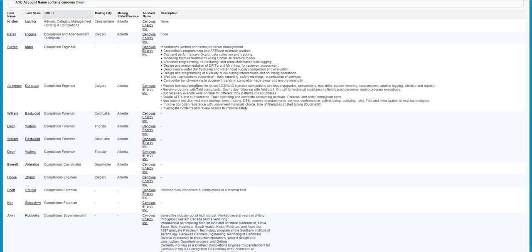That gives us an idea of their roles and responsibilities. What we're trying to do is build out the org chart: who's the final decision maker, who are the influencers in the accounts, and what roles they play inside of that organization, so we have a really good understanding of what's going on.